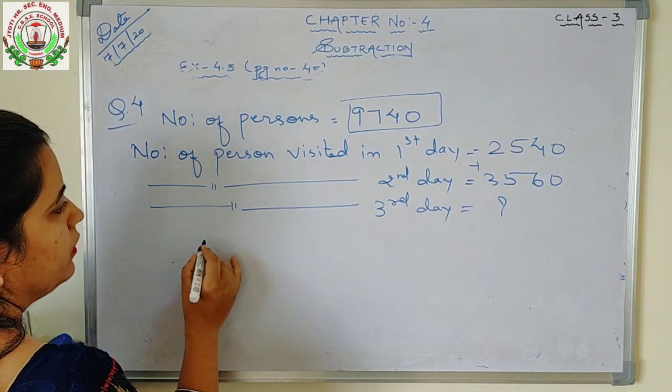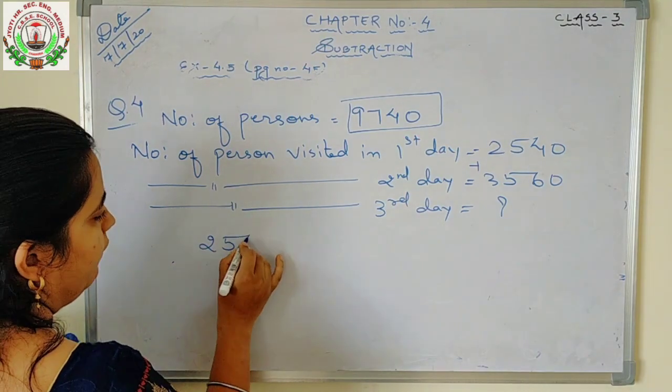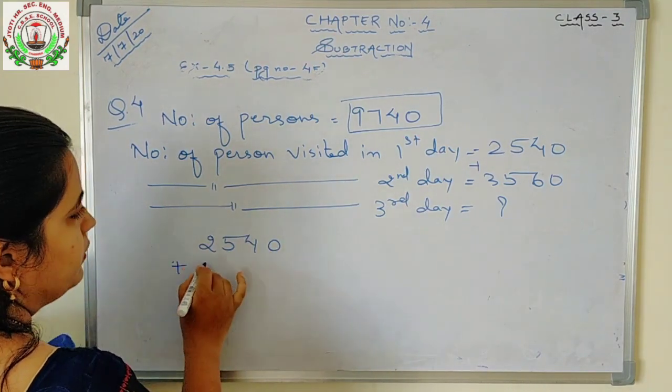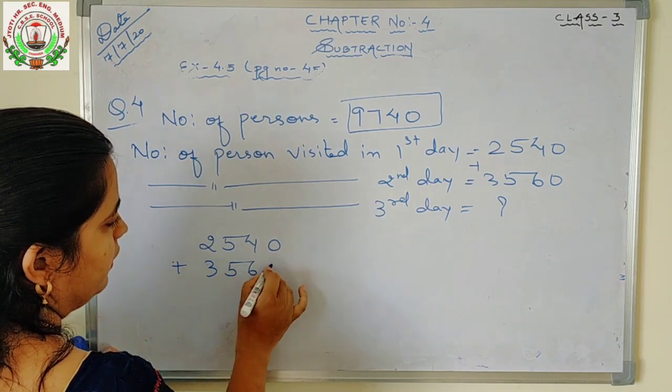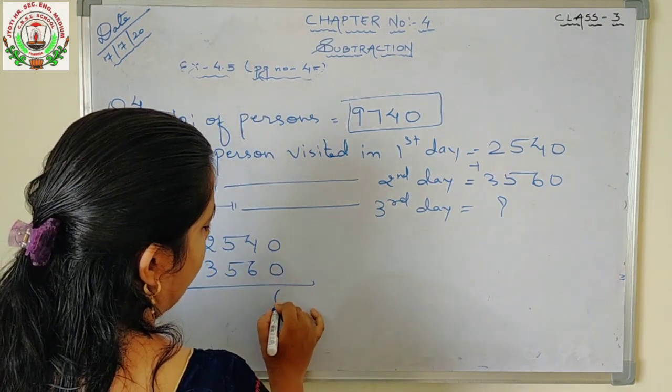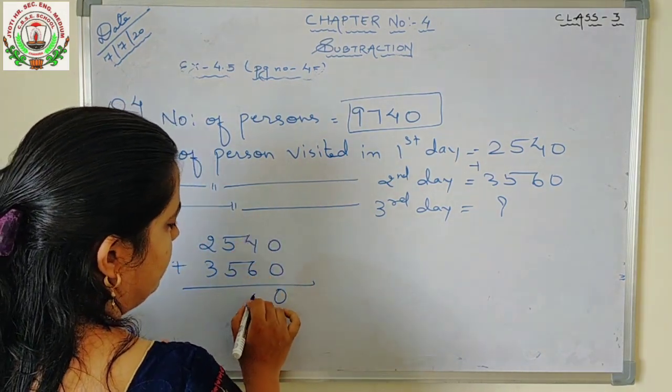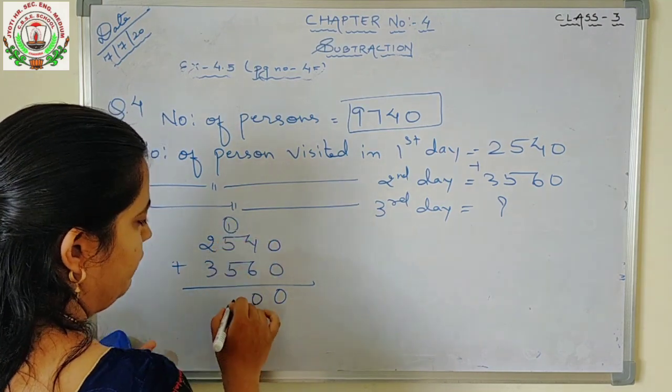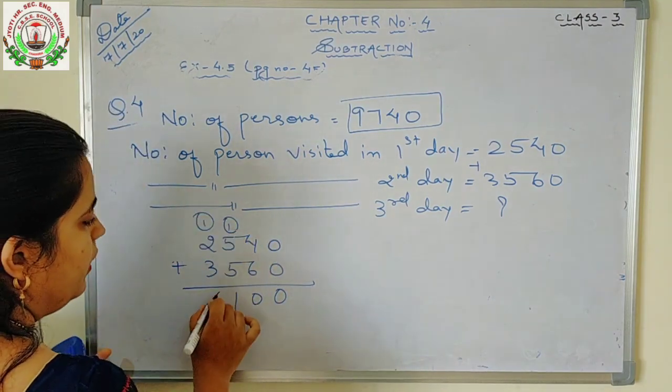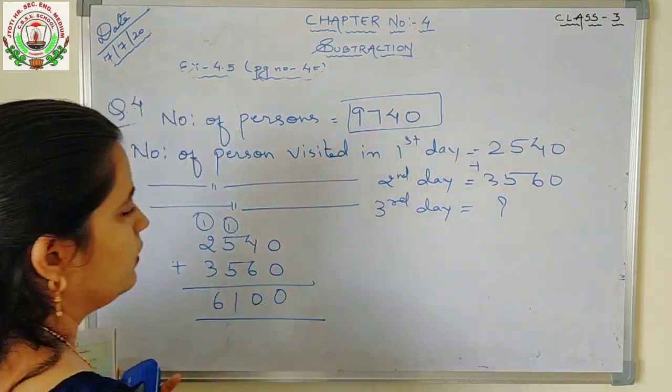Okay. So first we will add 2,540 plus 3,560. 0 plus 0 is 0. 4 plus 6 is 10. 0 carry 1. 10 plus 1 is 11. 1 carry 1. 6. 6,100.